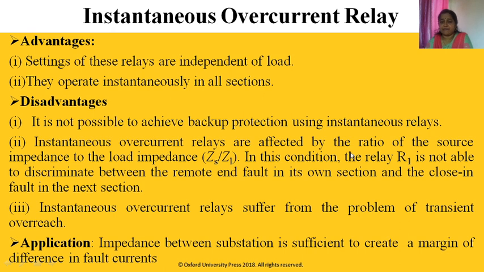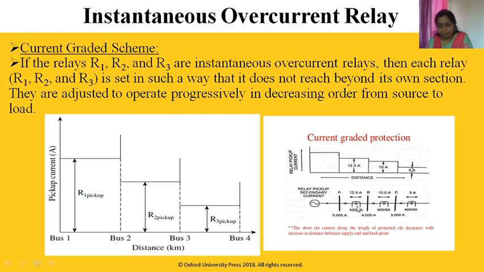The instantaneous over current relay is affected by the ratio of source impedance to load impedance. In this condition, R1 is not able to discriminate between a remote end fault in its own section and a close-in fault in the next section. If the fault is near the end of the first section and the start of the next section, the relay located in the first section is not able to discriminate between its own zone fault and an external fault.